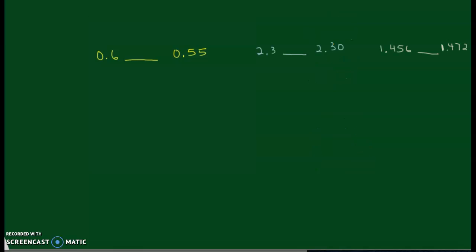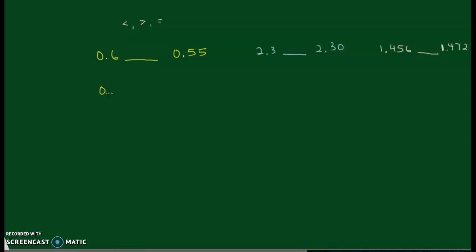For the practice problems, we are comparing and ordering decimals, and we're going to make this a true statement. So we're going to put less than, greater than, or equal to. For our first one here, when we're dealing with decimals, it doesn't matter how many digits there are, it matters the place.